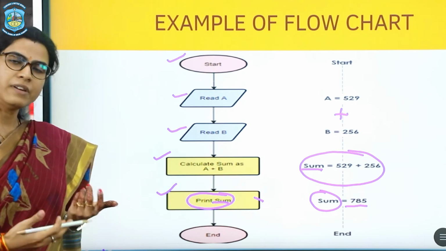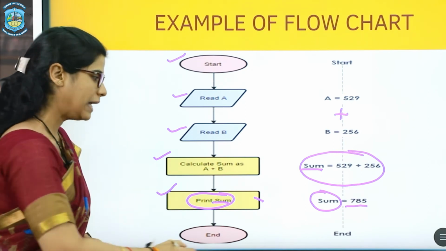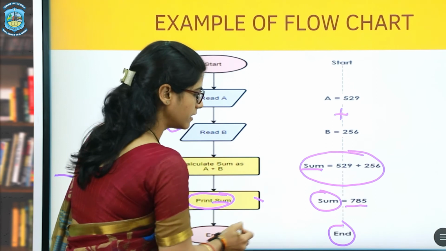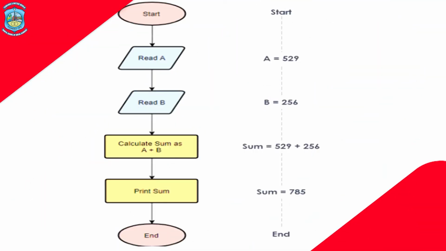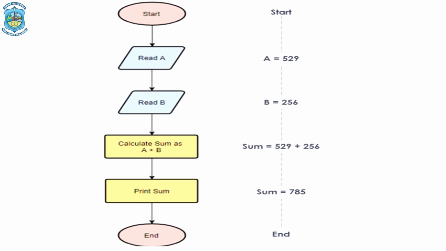And here we have received our output, so we'll end it with, again, a terminator. So this is a very short example of a flowchart. I hope you have understood. With this short example, I tried to make the concept of flowcharts clear.